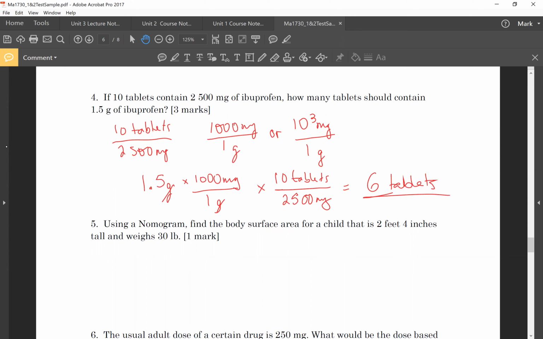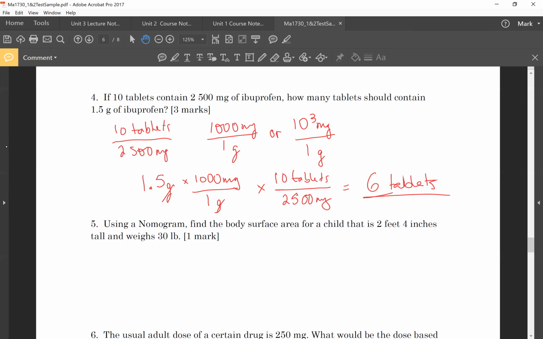Now, if you did this on your calculator, I just wanted to mention something about your numbers in this course. When you're dealing with medicine, things like doses and tablets, try to round them up to the nearest whole number. I'm not saying this is the answer, but if in this question you got 5.44 tablets, it's really hard to take 0.44 of a tablet.